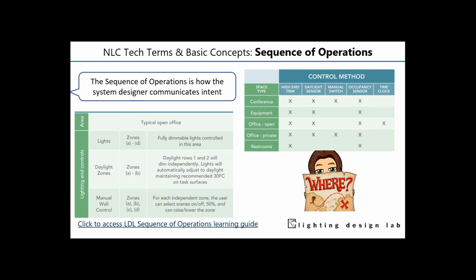Depending on which stakeholder group you're working with at which point in the project, one method of a sequence of operation might be more appropriate than another. We're going to talk about sequence of operations more when we get into the project oversight recommendations that we make, so I'm not going to go super in depth on this right now.